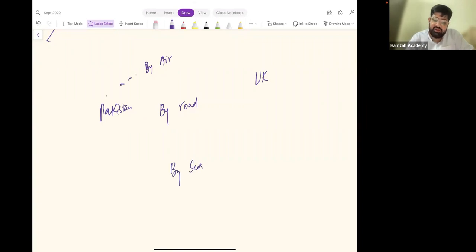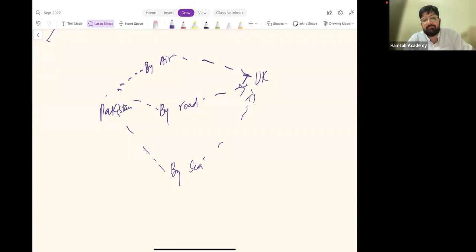So you see directions available. You have to reach the same place. Or you can use a combination. You travel by road from one country to the other and then travel by air, or by sea from one country to the other and then from there to the UK by air, for example, hybrid approach.